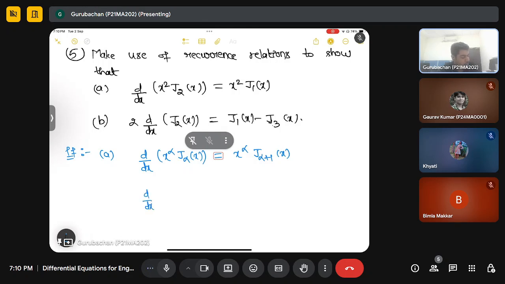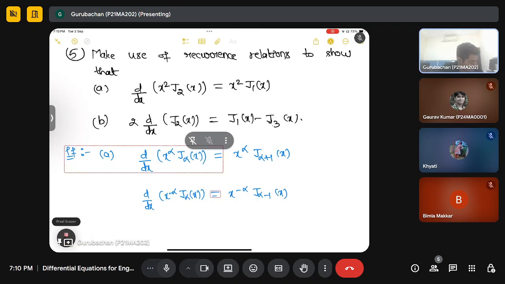And next is d by dx of J alpha x with negative sign, x to the power minus alpha J alpha, with negative sign.